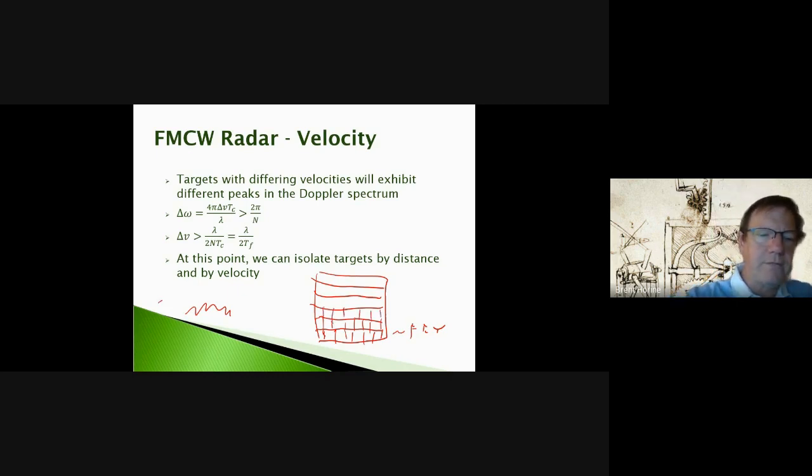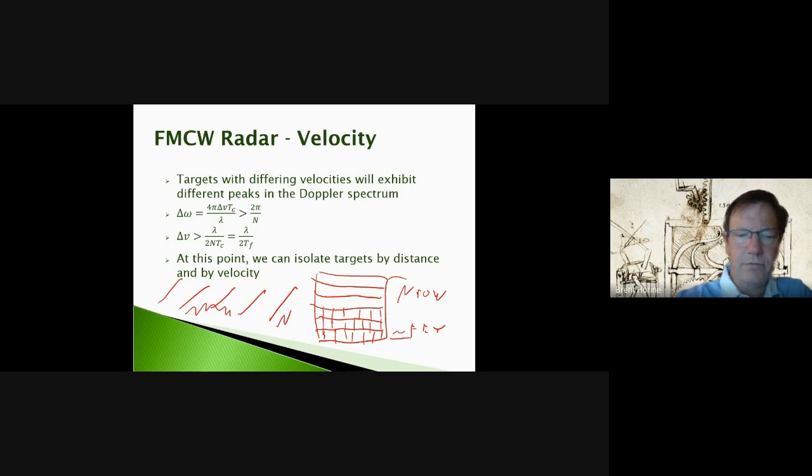So we're going to have all these different pulses, and there's n of these, and so then we'll have n rows, right? Now, if we find through our original distance FFT that there's a target out in this area right here, right?